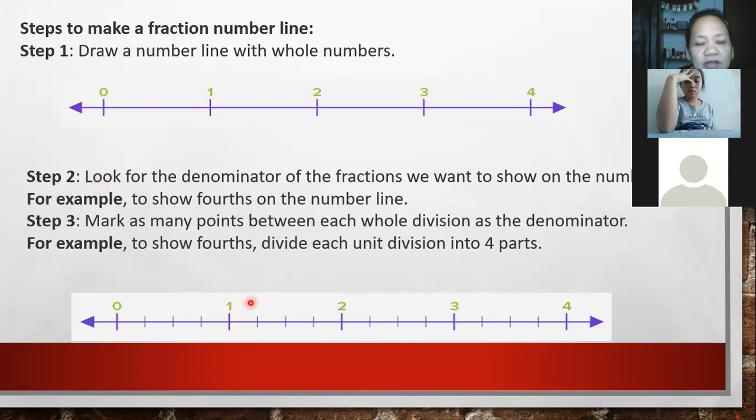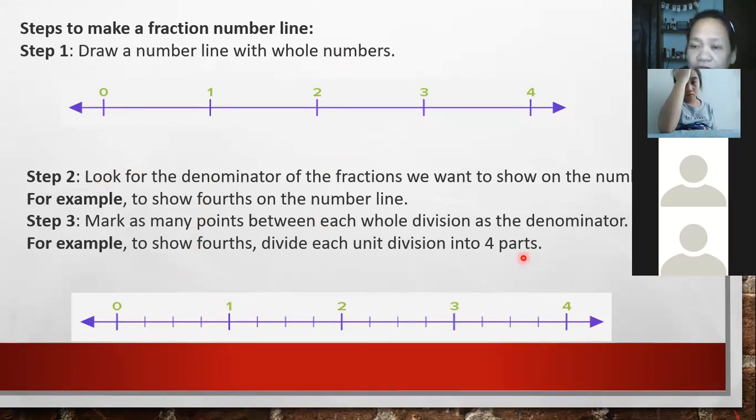So from 0, you put intervals. You count 1, 2, 3, 4, because we have 4 parts. Okay? So mark as many points between each whole division as the denominator. For example, 4. So divide each unit division into 4 parts.